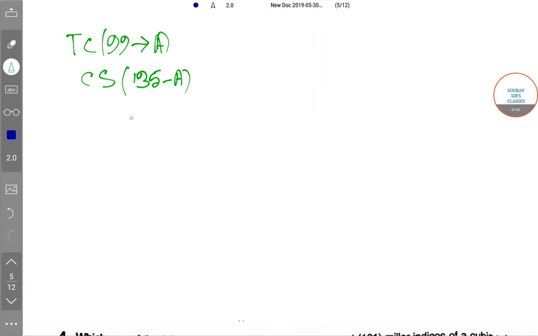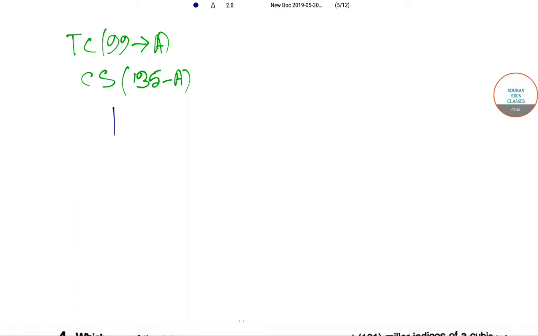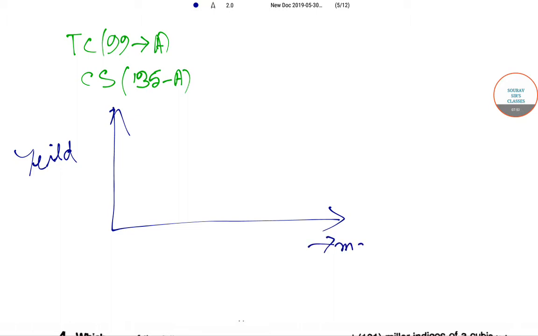So when we plot these two, on the y-axis this is yield and on the x-axis this is mass number.